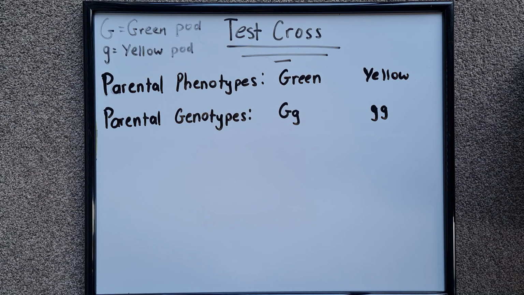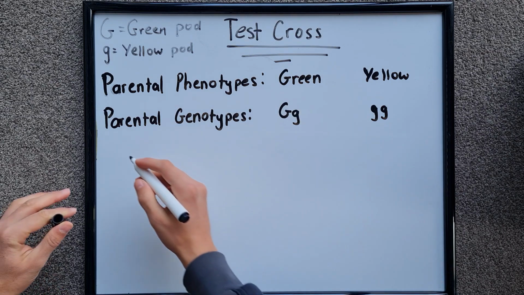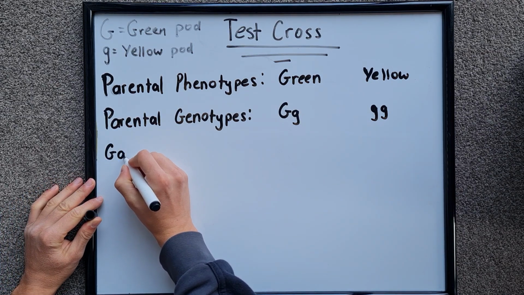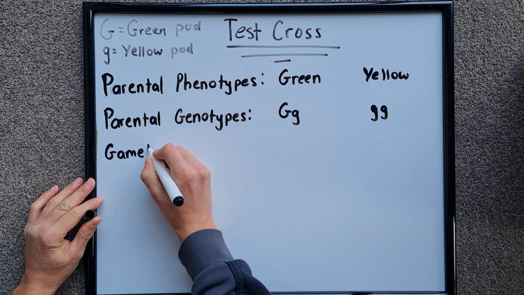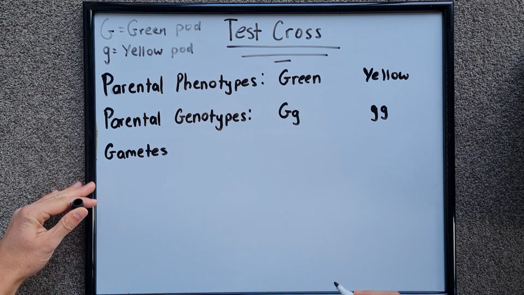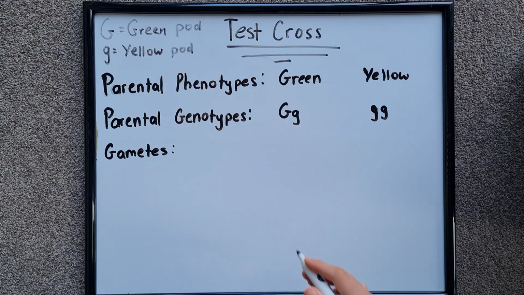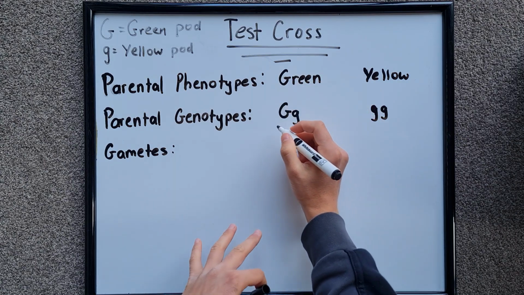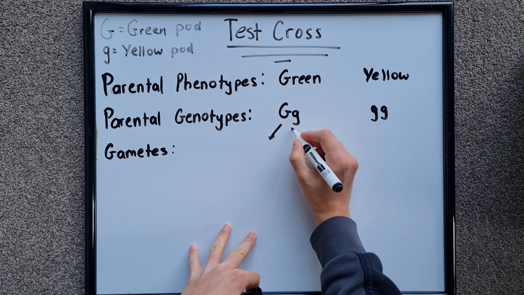The next step is to write down the gametes that are produced by each. So the gametes that are produced. This parent, the green pea, will produce two different types of gametes.